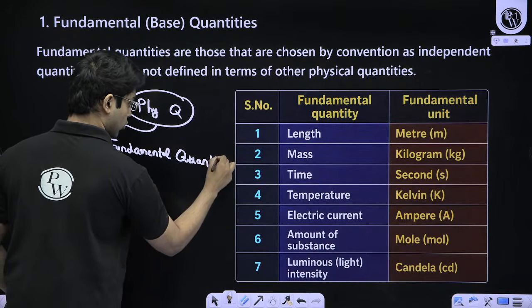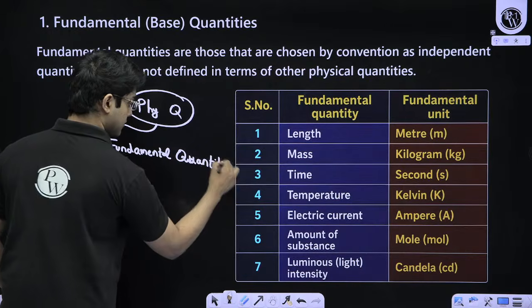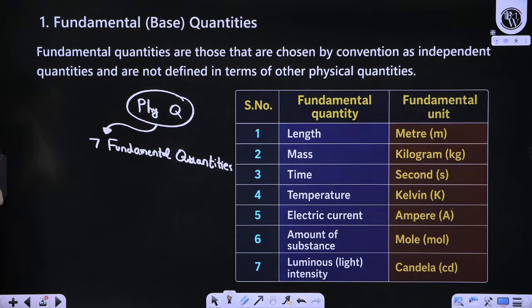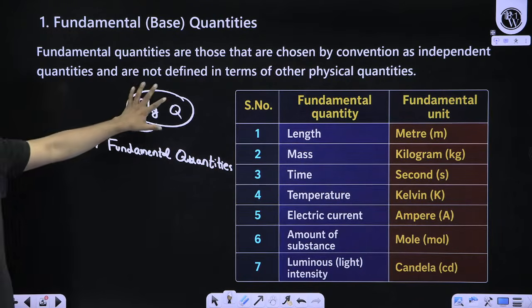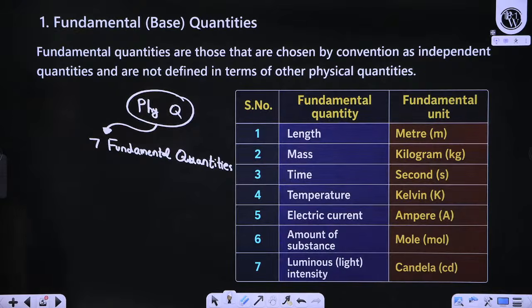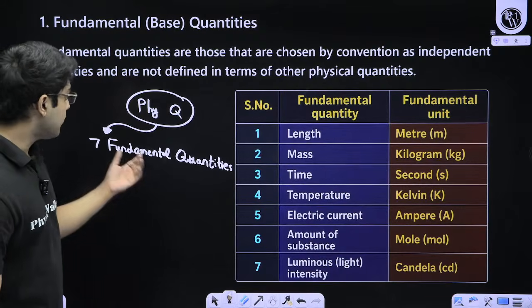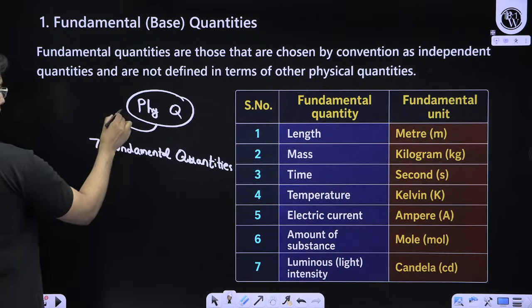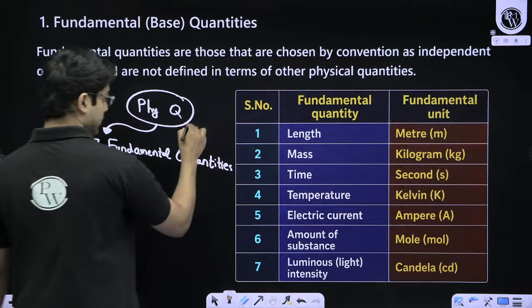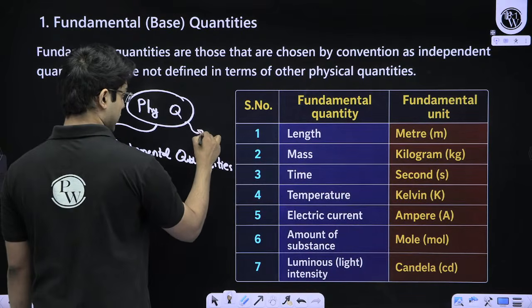Okay, this is the rule. There are these 7 fundamental quantities, and these fundamental quantities are chosen as convention. Okay, and every other physical quantity is known as a derived physical quantity.